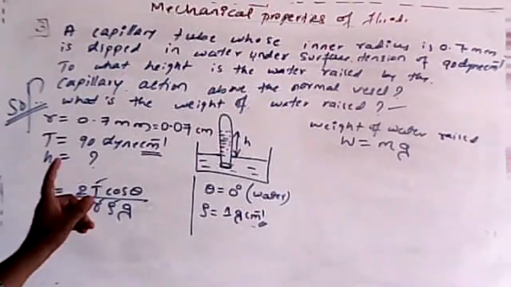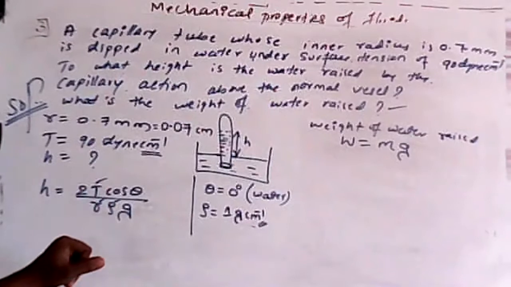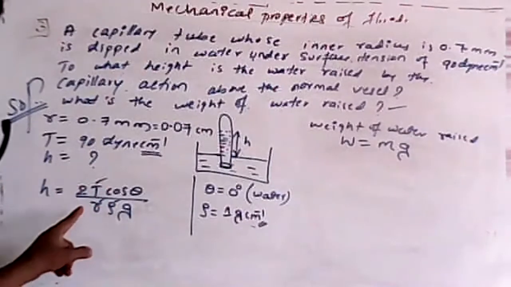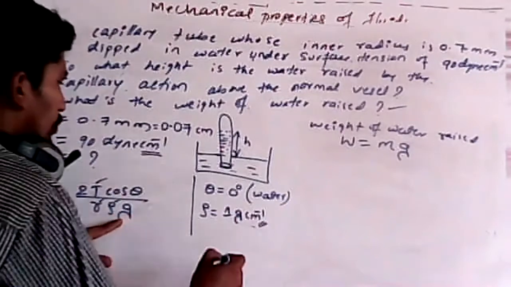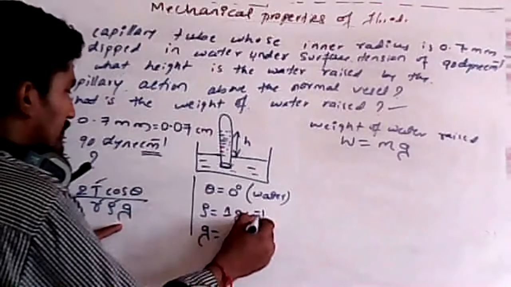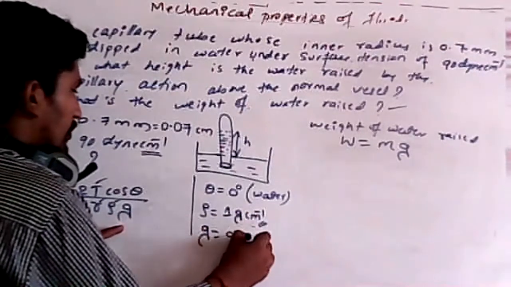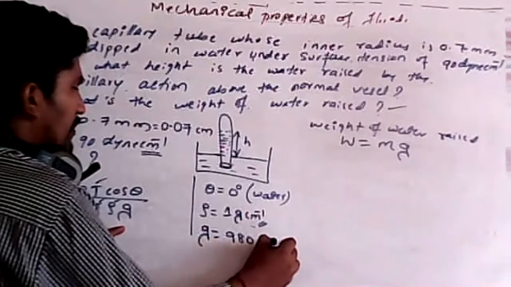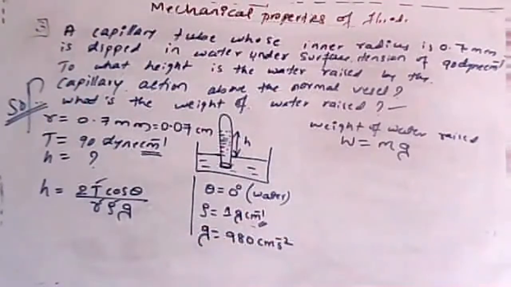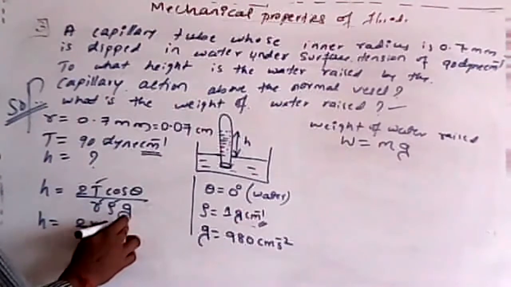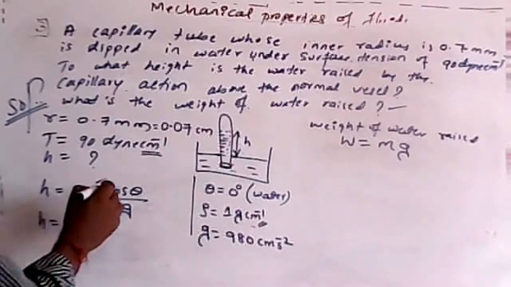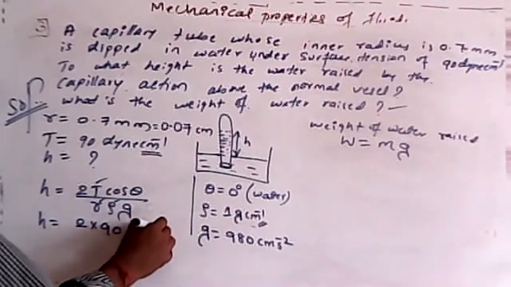Cos 0 is 1, so it means 2 into T, which is 90, so it is 180 divided by 0.07 into 1 into G value. I already told you how to write in terms of centimeter. In centimeter, we already know G is 980 centimeter per second square. So how much will you get, students? Good, Rakshit. What is that? 2 into 90 cos 0 degree.